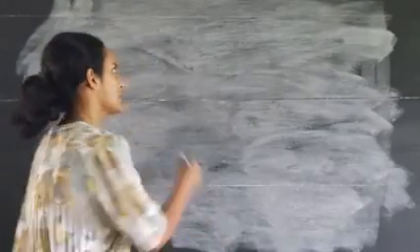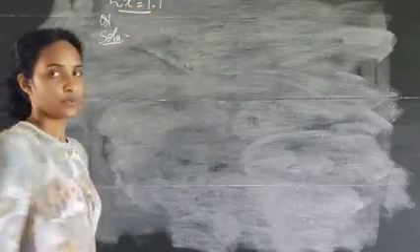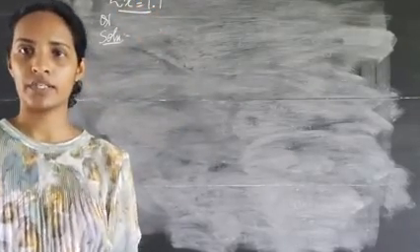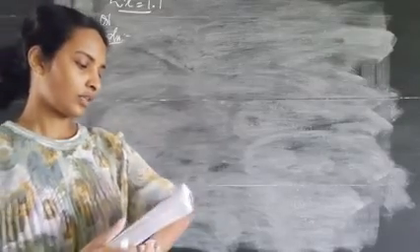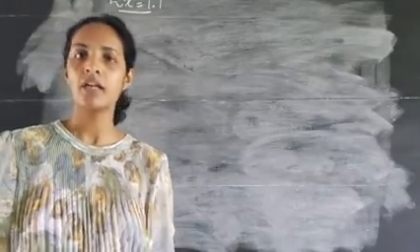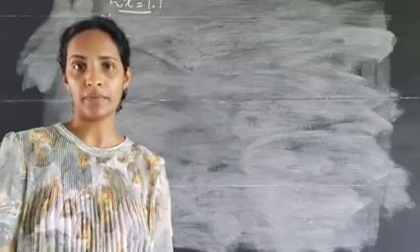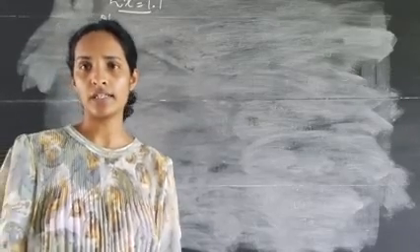So, solution of the first question of exercise 1.1. Okay, so we're going to do exercise 1.1, question number 1. The question is asking us, is 0 a rational number? Now, in the previous classes, in the explanations, we have seen that yes, 0 is a rational number, right? 0 is a rational number, right?